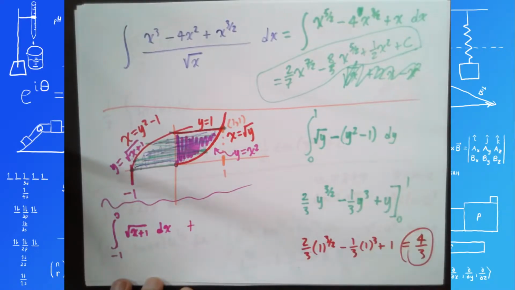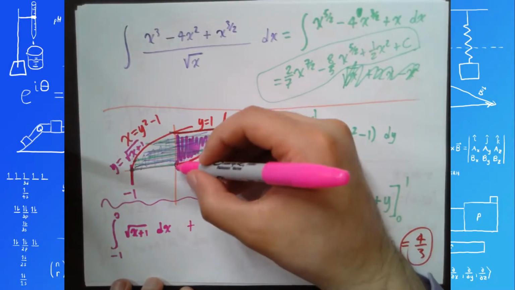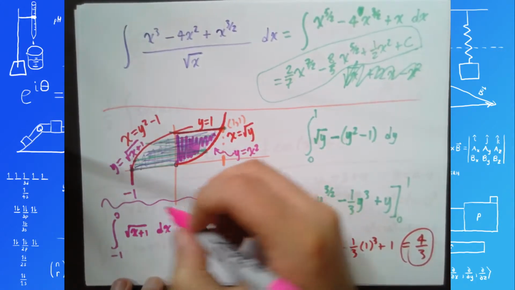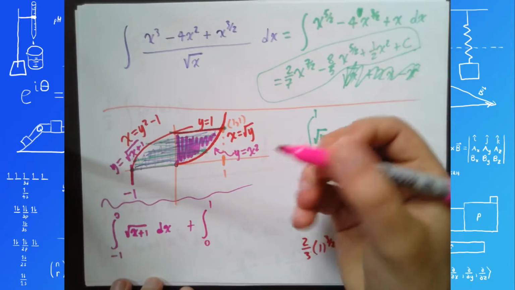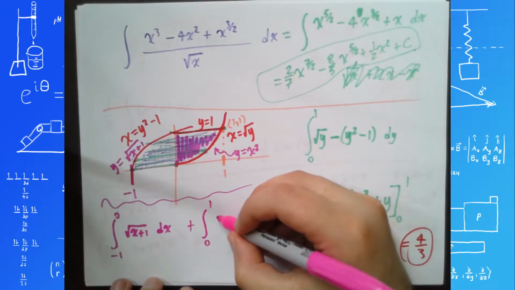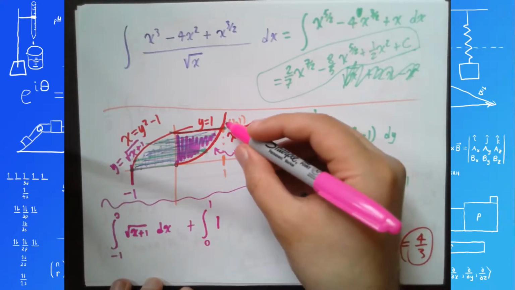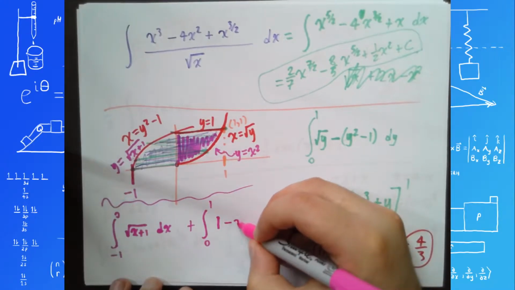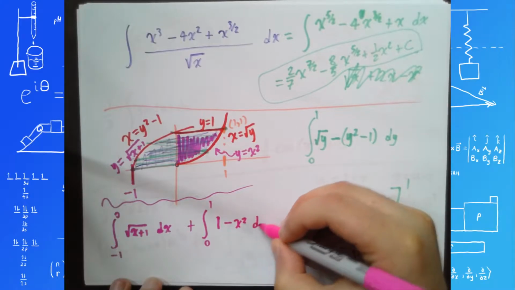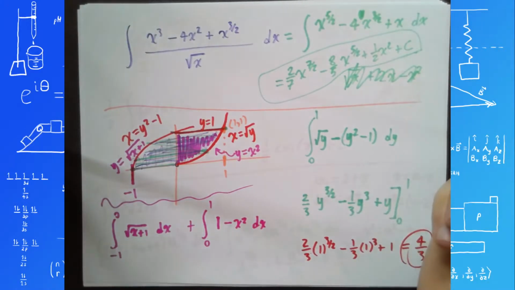Plus, then we have a separate integral here. From 0 to 1, the top and bottom curves have changed. From 0 to positive 1, the top curve is 1 minus the bottom curve, which is y equals x squared. And integrated with respect to x.